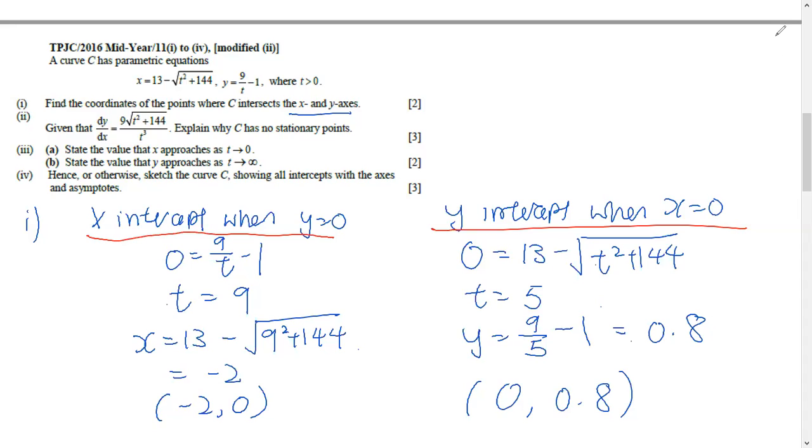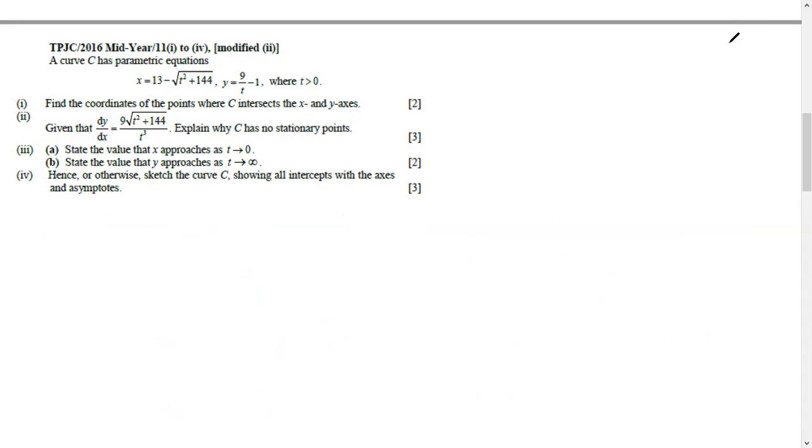Let's move on. Part 2. Given that dy/dx is this, explain why C has no stationary points. dy/dx is equal to 9 square root of t squared plus 144 over t cubed.